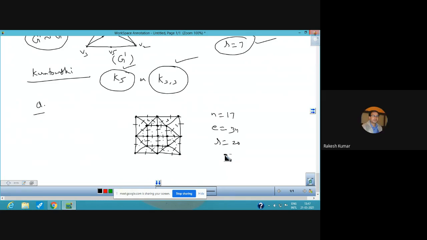Is it so? So n minus e plus r should be 17 minus 34 plus 20. That comes out to be 3. No, the theorem is not verified. The number of regions should not be 20. It should be 19.